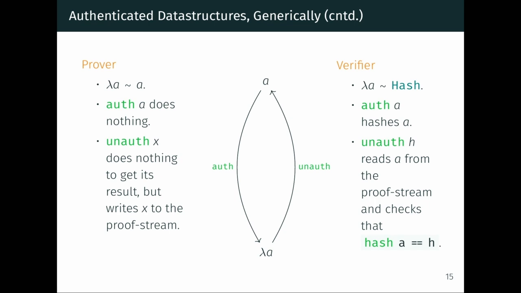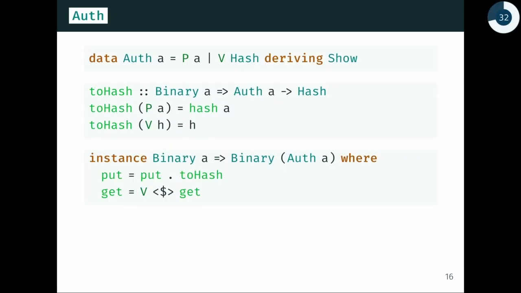The verifier takes the next chunk of the proof stream and deserializes it, checks that this deserialized thing's hash is the hash it had, and then proceeds. So that's how it works in OCaml, and that's what we also want to do in Haskell now. Okay, and so first we define this data type. So instead of lambda, yes?